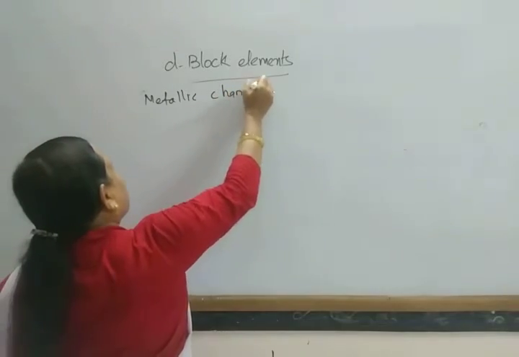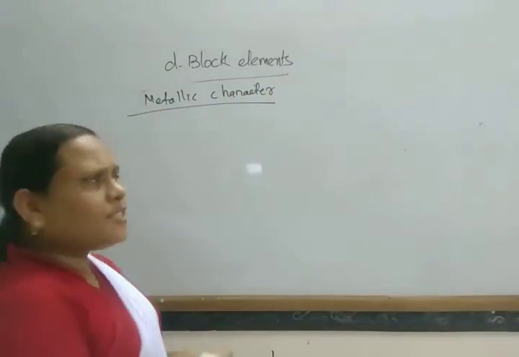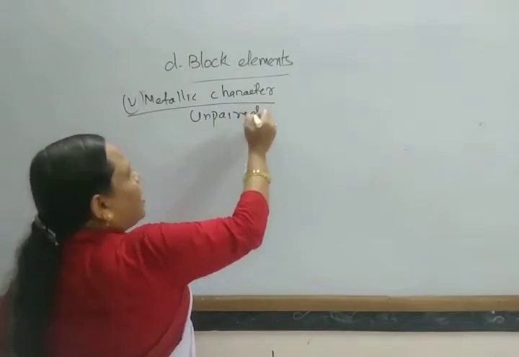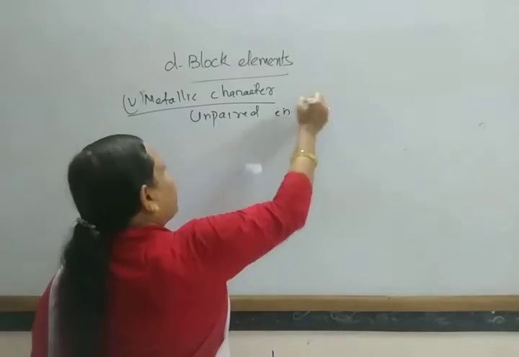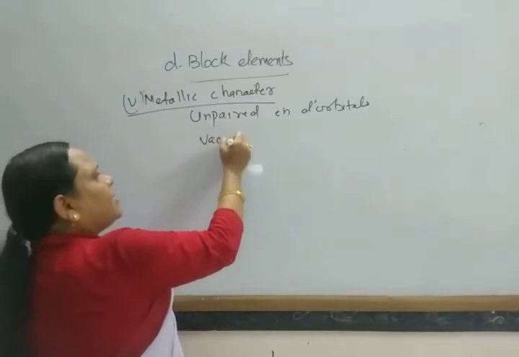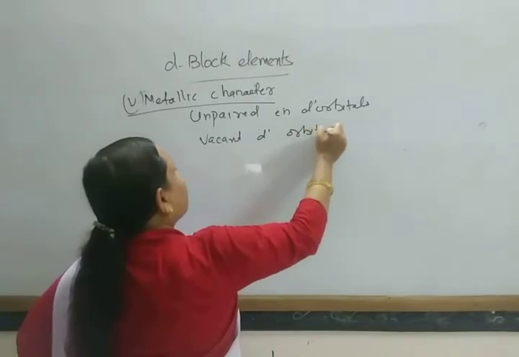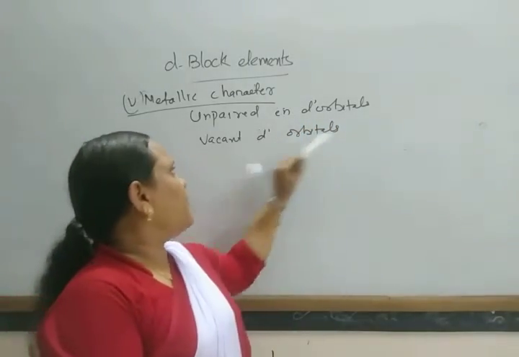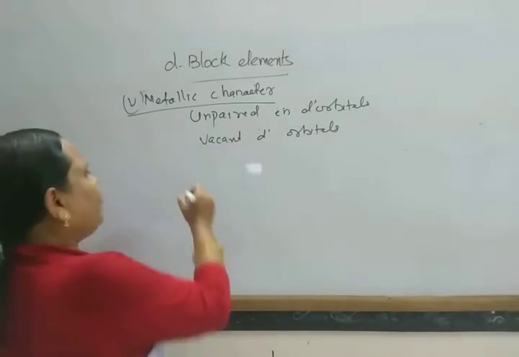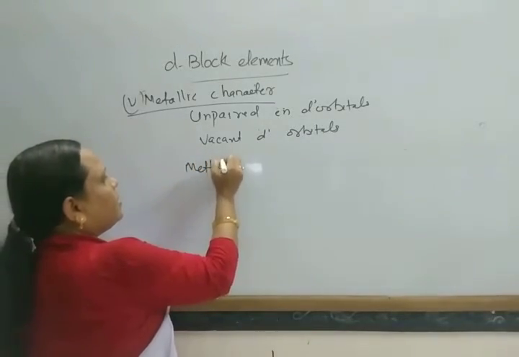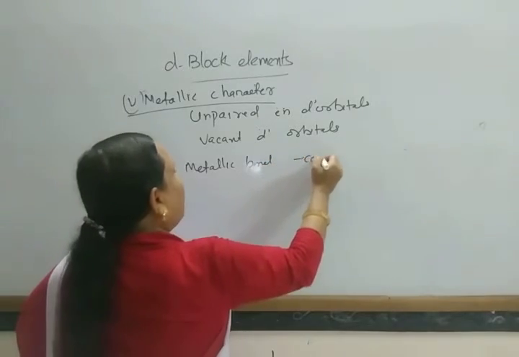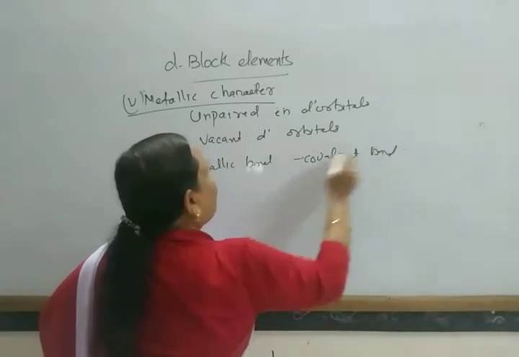Due to the presence of unpaired electrons in d orbitals and, in some cases, vacant d orbitals, these transition metal atoms form metallic bonds and also covalent bonds.